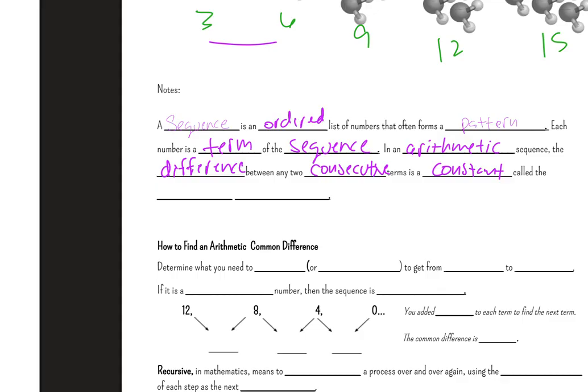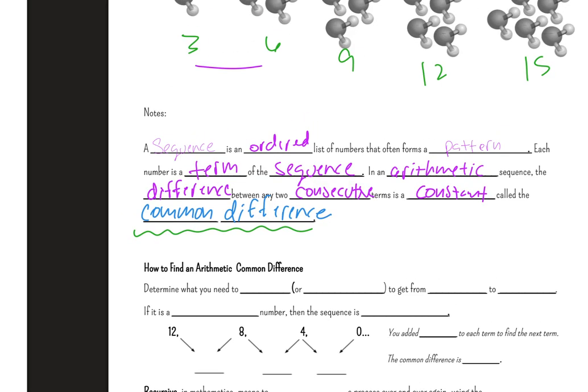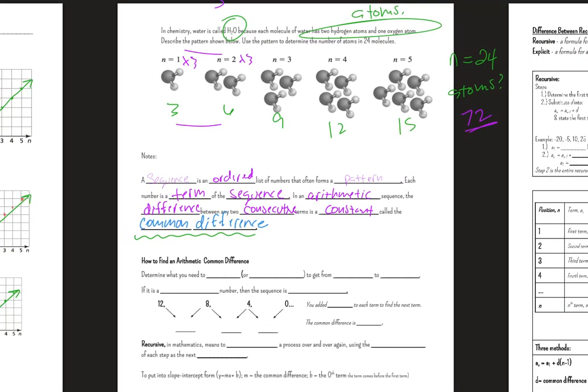And that constant is called, and I am going to change colors because this is significant, the common difference. So we want you to be aware that that is a thing. Specifically, the common difference here would have been 3, 3, 3, right? That's the common difference, okay?